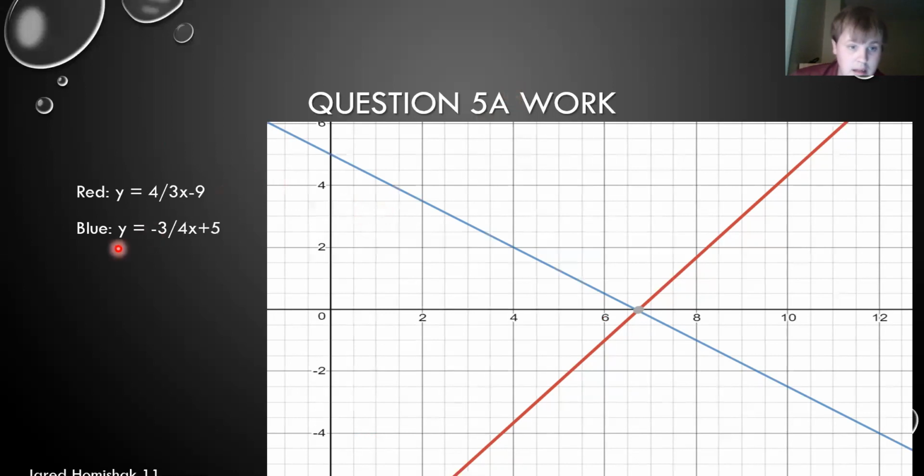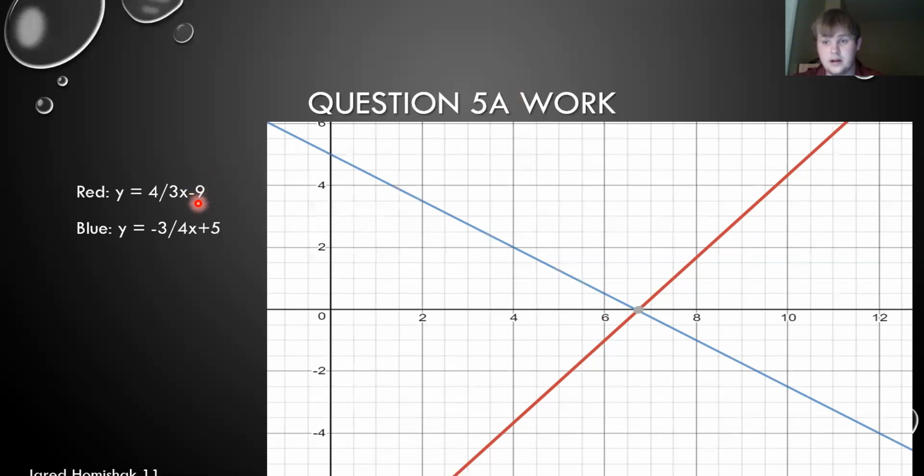In this case, the blue coordinate is the original; the reciprocal of -3/4 is 4/3. And then you use the point slope formula to solve. Afterwards you get y is equivalent to 4/3 x minus 9. And that's pretty much how you do it.